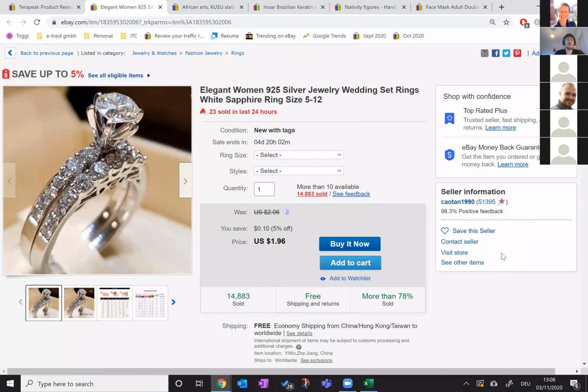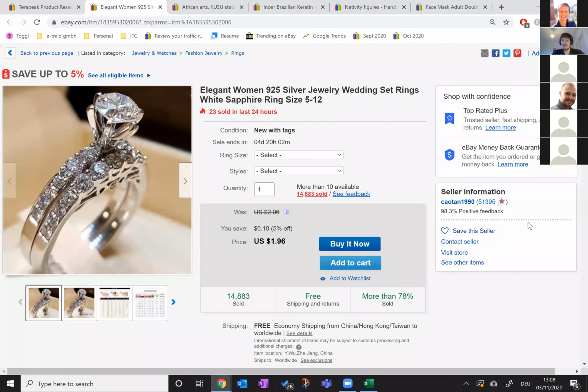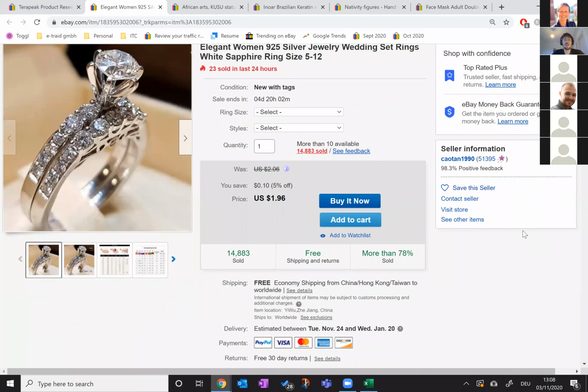So what's going on here is that it's obviously a mass production, low value item. It looks good, but it's a very, very low value and mass production. And in reality, I would guess that the product price is no more than like 50 to 60 cents. And then I know that shipping from China is like 70 cents.